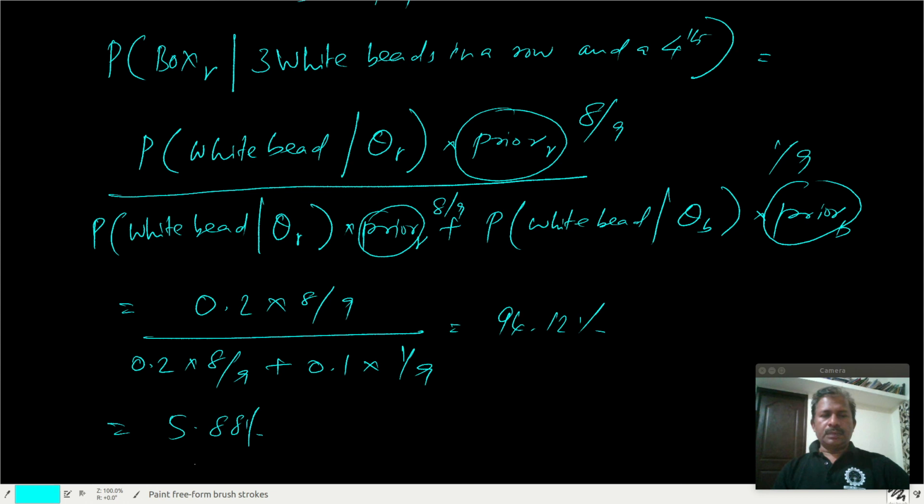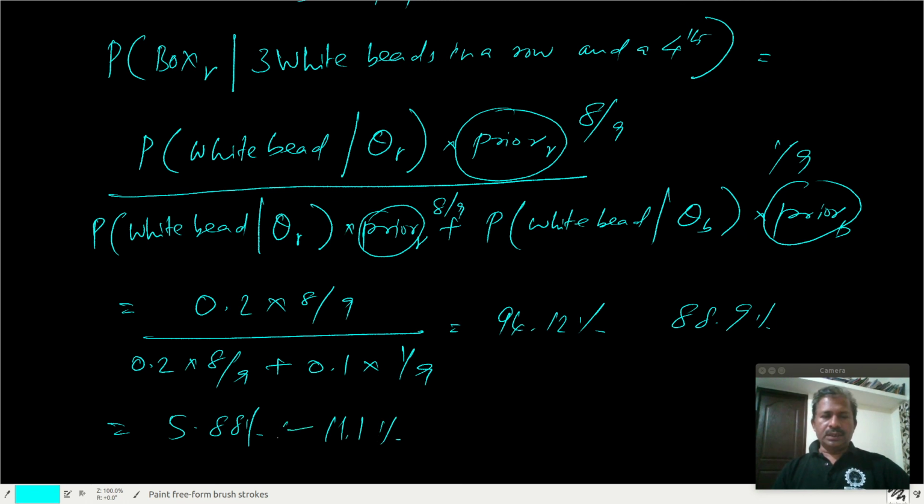So this is the probability associated with the bead being taken from the blue box, right? Earlier we got 8 by 9, which is around 88.9%, and 1 by 9 is around 11.1%.